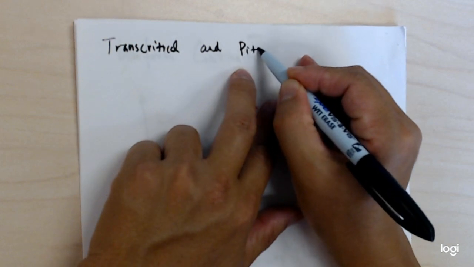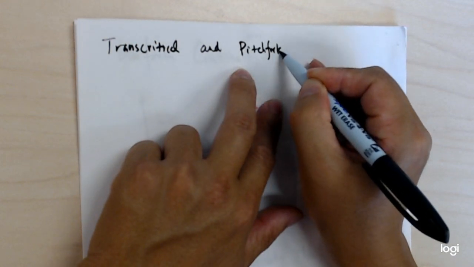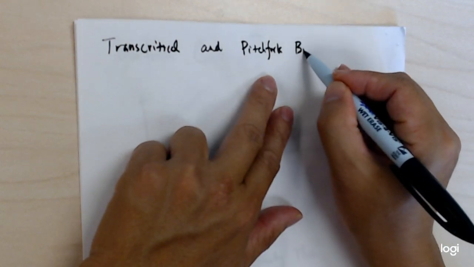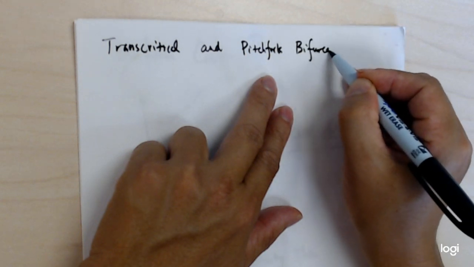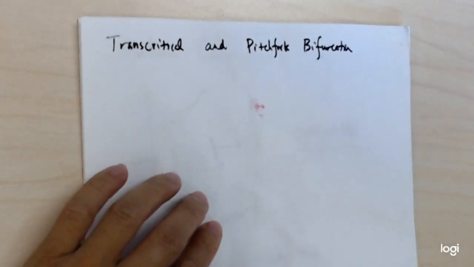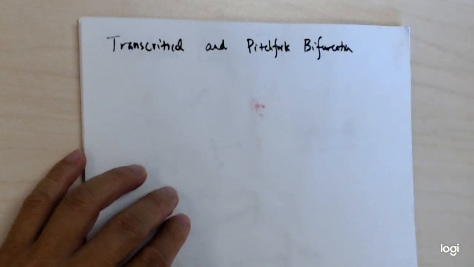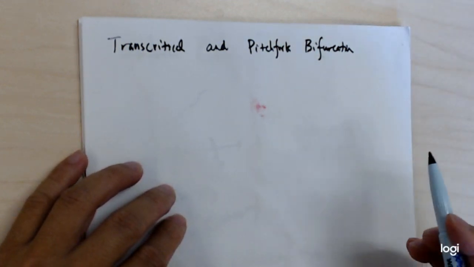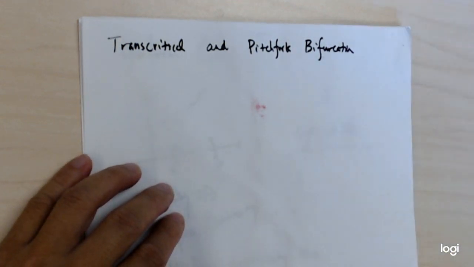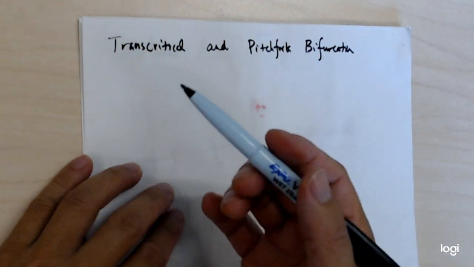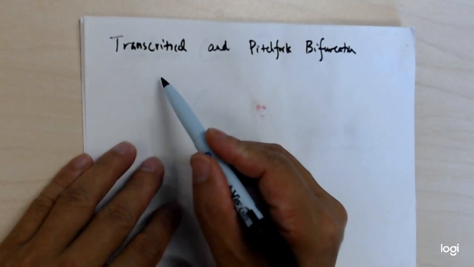Pitchfork, that's when additional equilibriums pop up. And I will give you the prototype problems. Obviously, we can't analyze each individual one. I will present just one problem here.